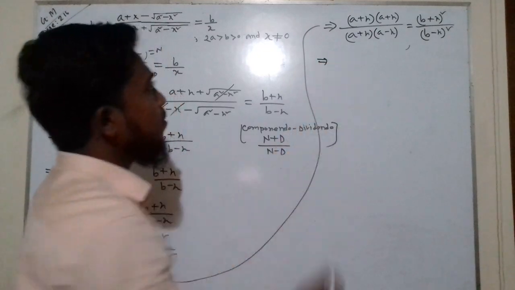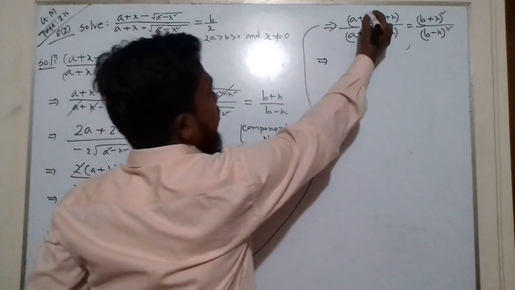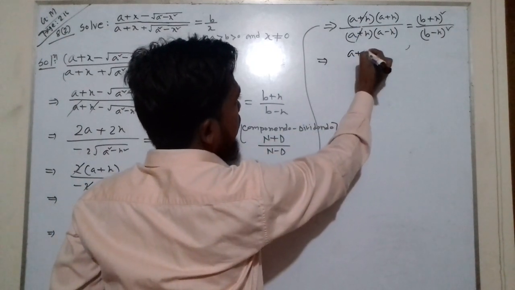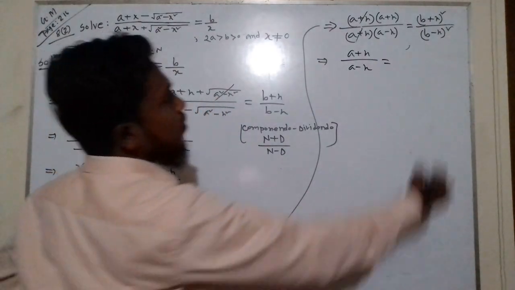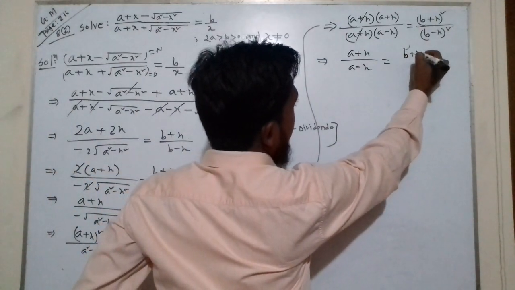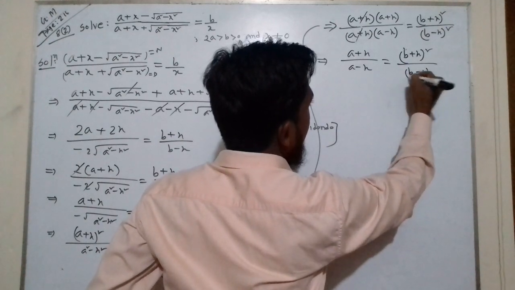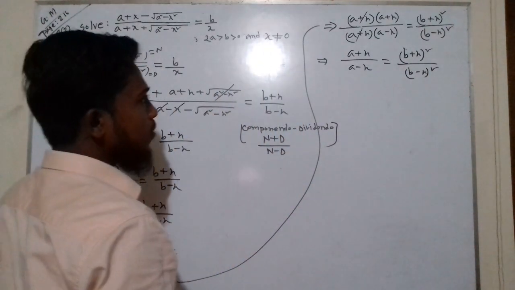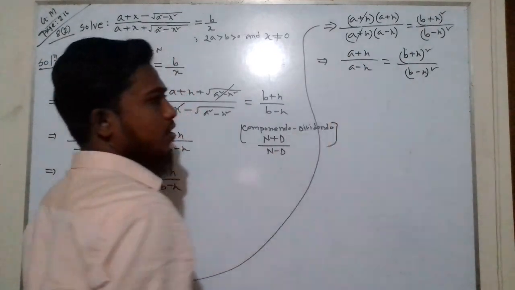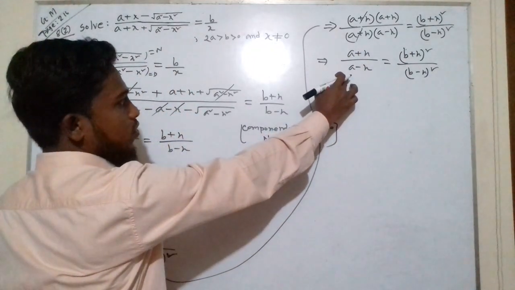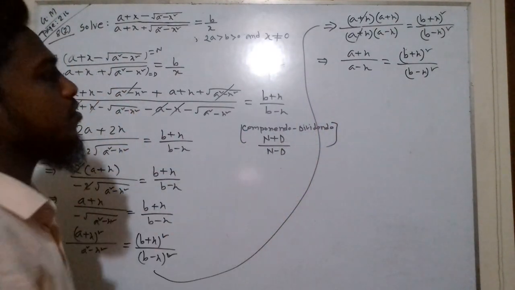Now a plus x and a plus x are cancelled, so we can write a plus x divided by a minus x equal to b plus x whole square divided by b minus x whole square. Now we can see that a plus x divided by a minus x are the same term but opposite sign. So again we are applying the formula of componendo and dividendo.